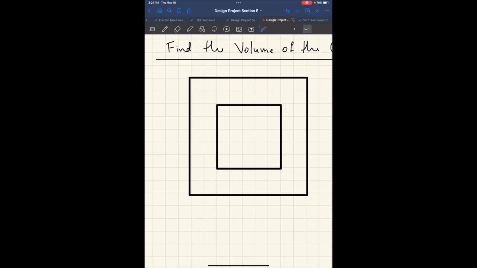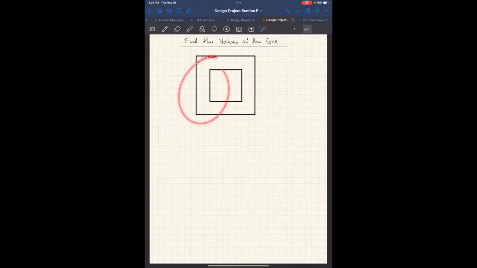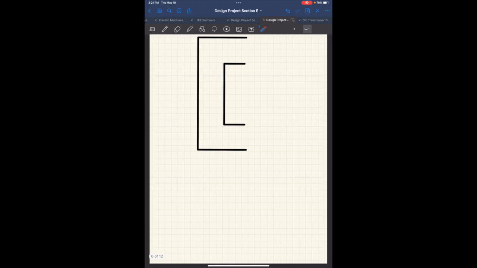So in other words, we want to maybe take up this much and leave the other portion empty so that we have some room for ventilation. So I'm going to zoom in on this portion, which I have over here, and we're going to start figuring out how we're going to do the turns on this transformer.